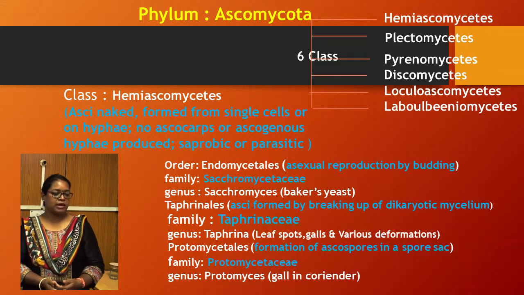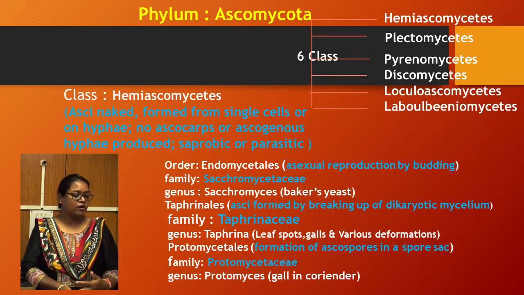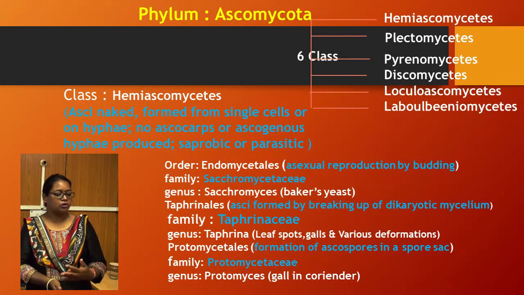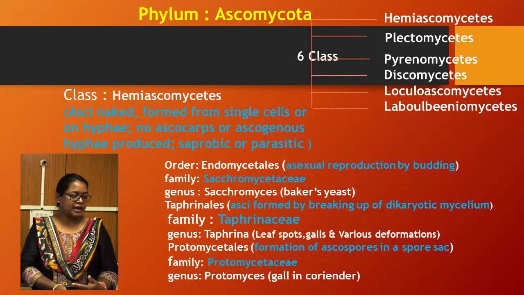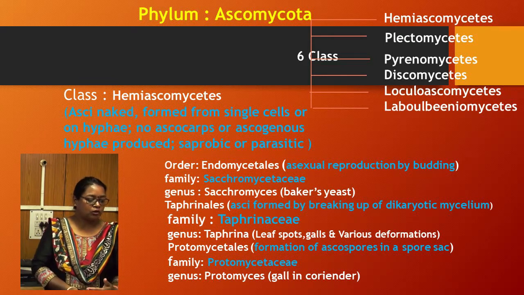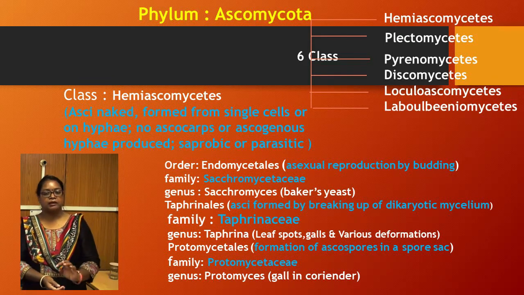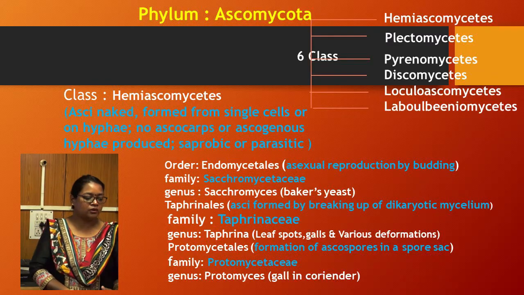In Hemiascomycetes, the fungi have naked asci formed from a single cell or on hyphae; no ascocarp or ascogenous hyphae are produced. These fungi may be saprobic or parasitic. The class Hemiascomycetes is divided into 3 orders.